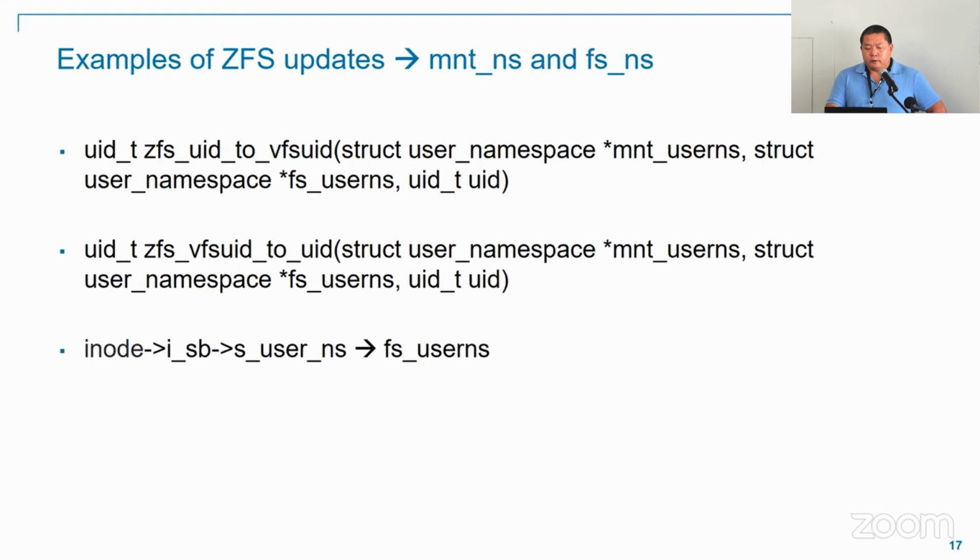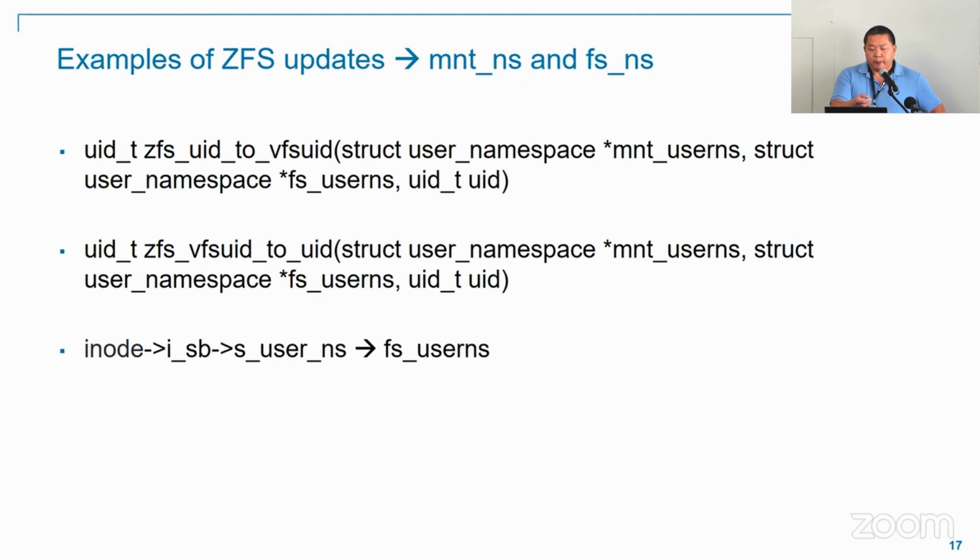So it's a kind of typical change. We introduced two functions basically. One converts the ZFS UID in the ZFS namespace to the VFS UID. There is also GID to VFS GID, for sure. This function takes three inputs. One is a mount ID map.